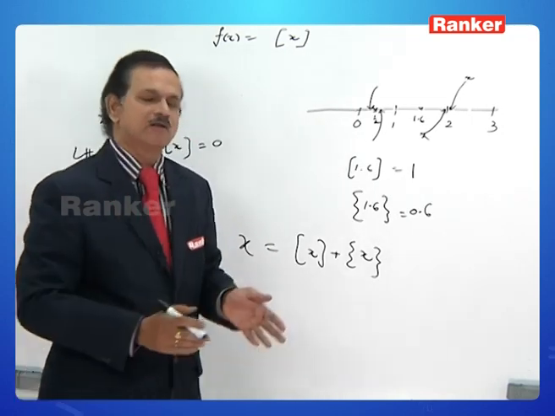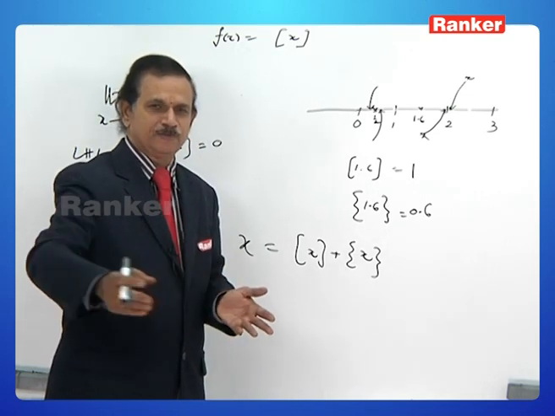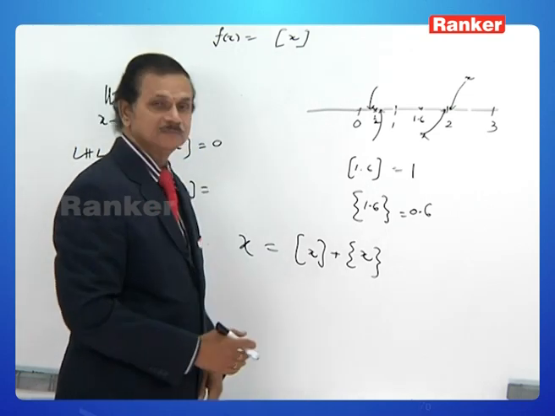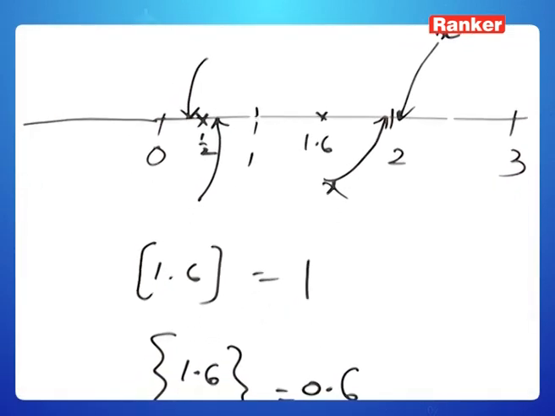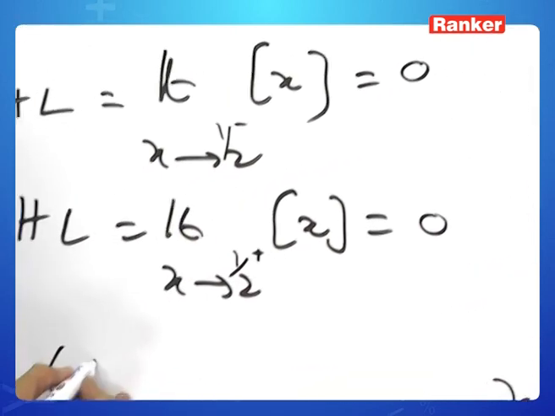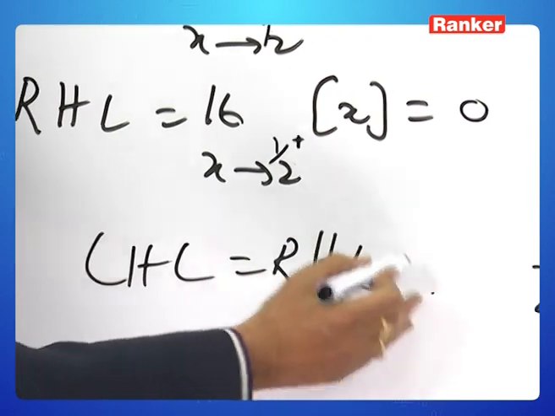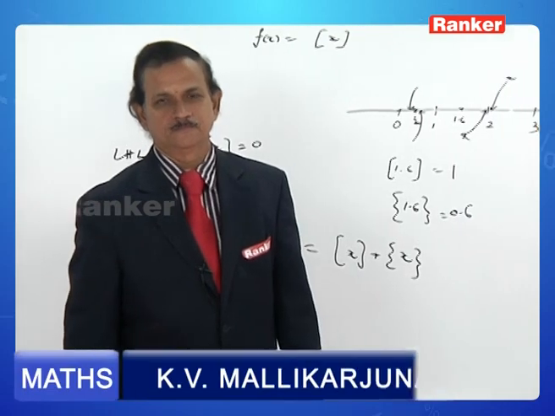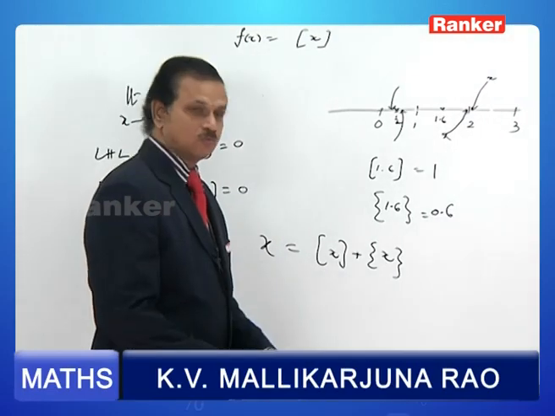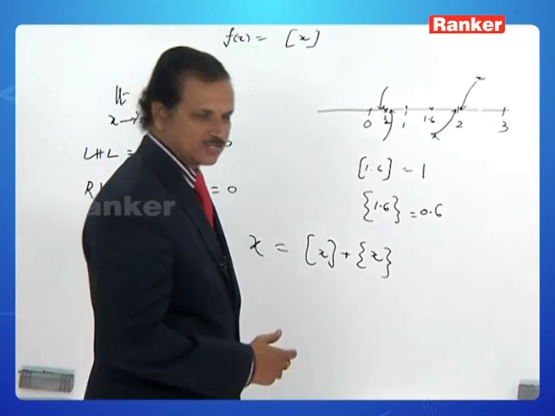More than that means 0.5001, 0.5000000001 like that. Even for that point, the integral part is 0. What do you say here? Both the left hand limit and right hand limit are equal and they are equal to 0. By observing these two cases, we will be able to generalize a particular result regarding this.